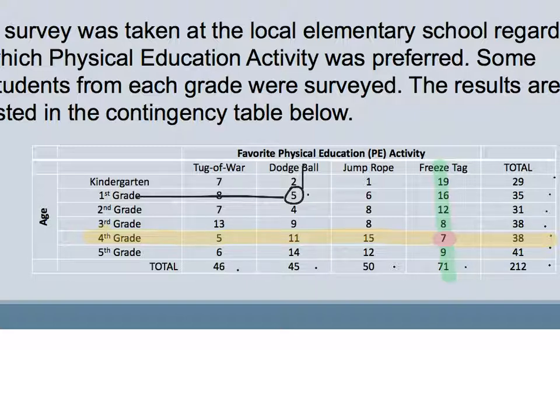That's what we have to subtract. Because we added up all the 4th grade, got the 38, we added up all the freeze tag, got the 71, but in that I added that 7 twice. So I have to subtract that overlap back off. So let me get back to the slide I was on. I'll hit pause this time so that you don't have to watch me flip through all those slides again.